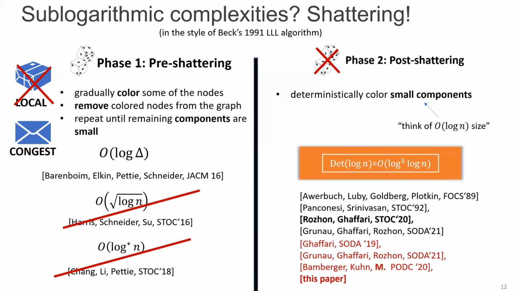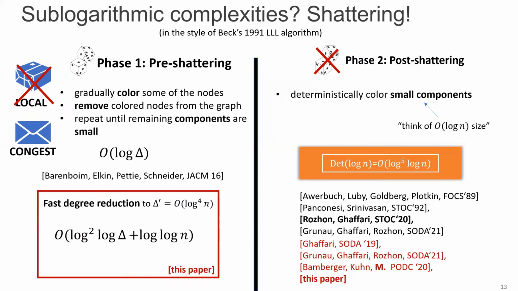And what do we do in our paper? Well, what we have in this paper is a fast degree reduction, which gradually colors some of the vertices of the graph until the uncolored degree of vertices is reduced to some delta prime, which is just some log to the 4.